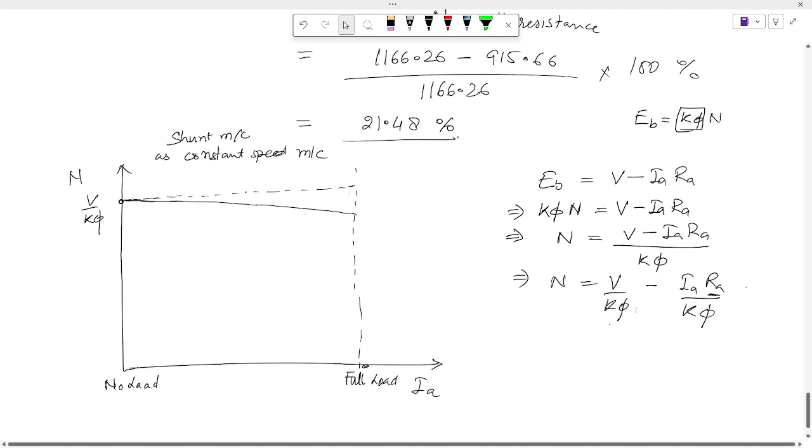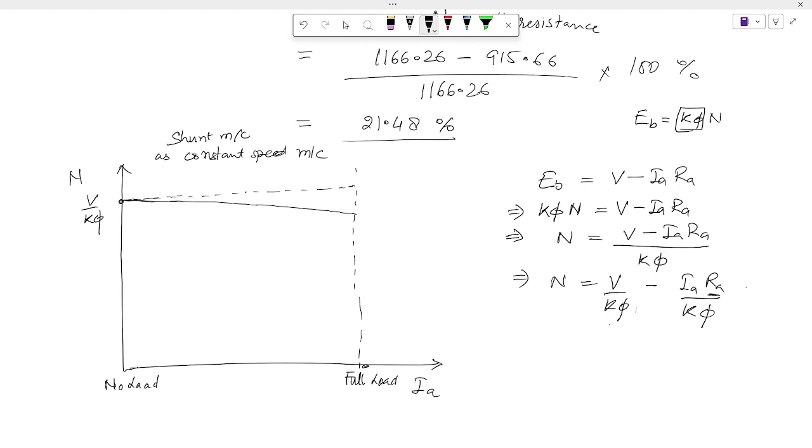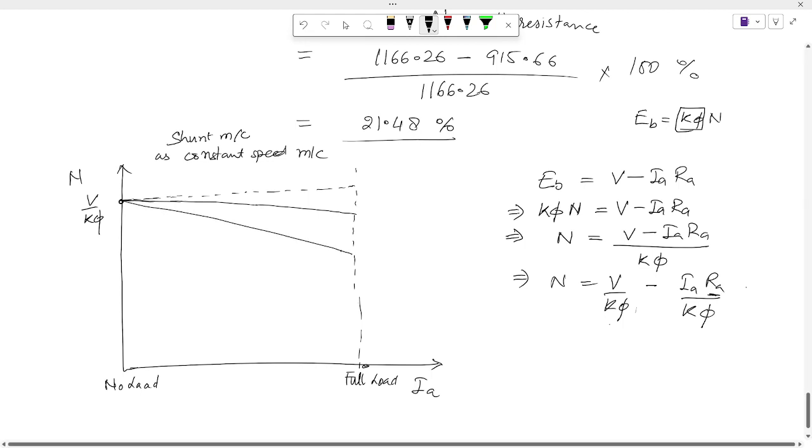When we increase the resistance RA, this drop will go on increasing. Do you agree with me or not? This curve will start coming down.